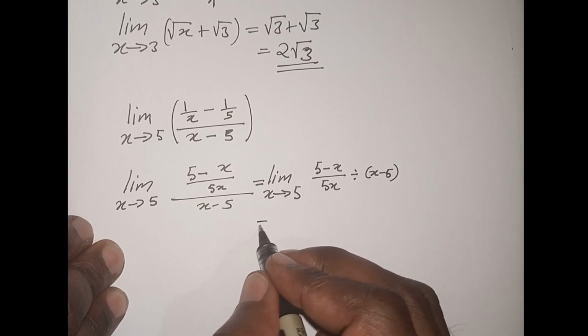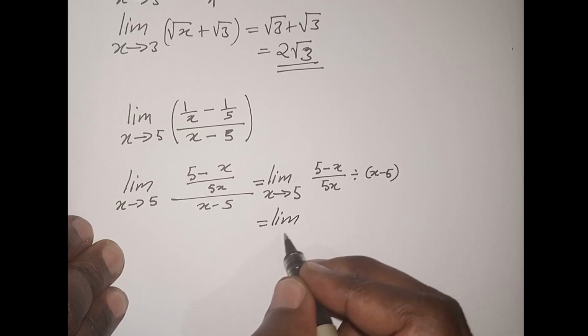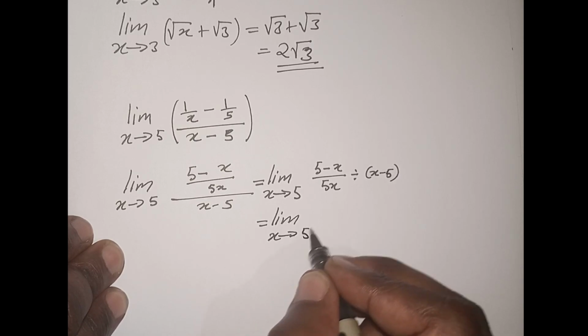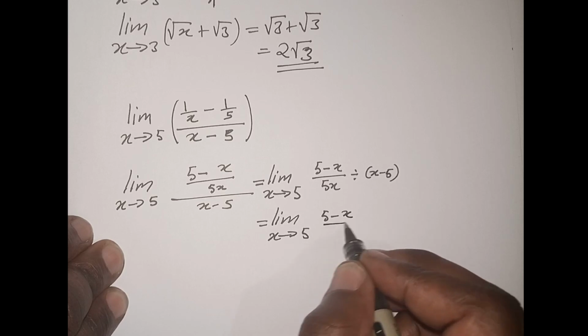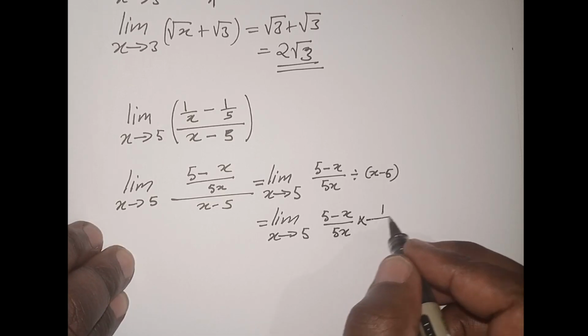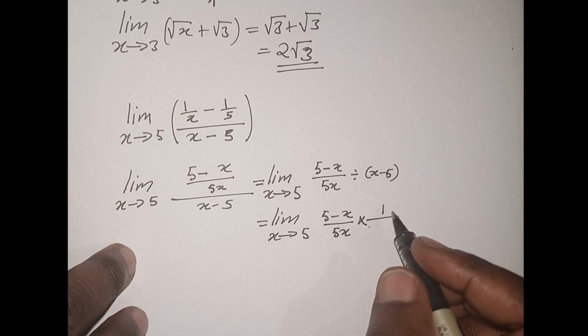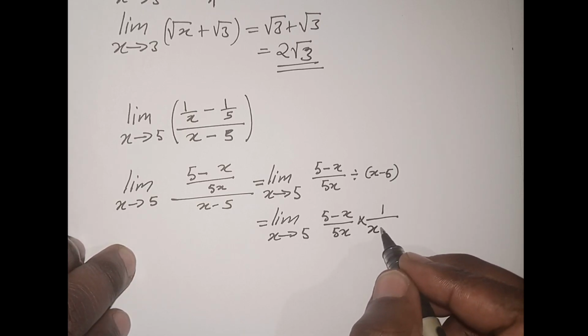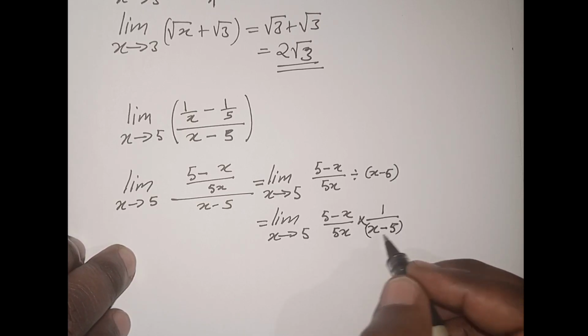Okay, you can write this as the limit as x approaches 5 of (5 minus x) over 5x, times 1 over x minus 5.